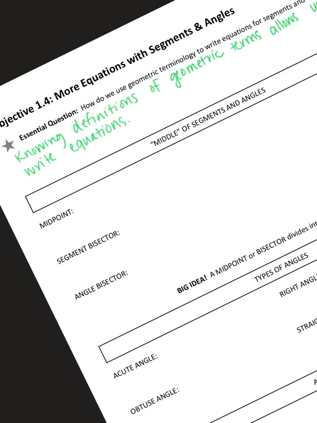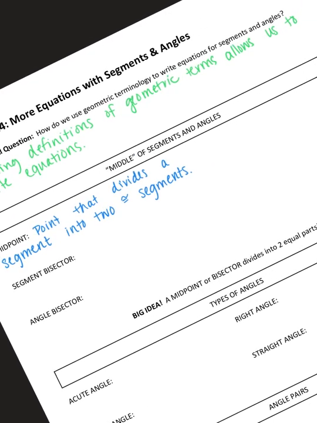A midpoint is the point that divides a segment into two congruent segments.